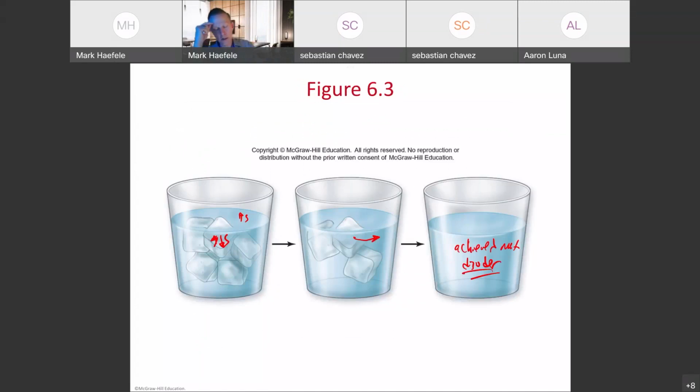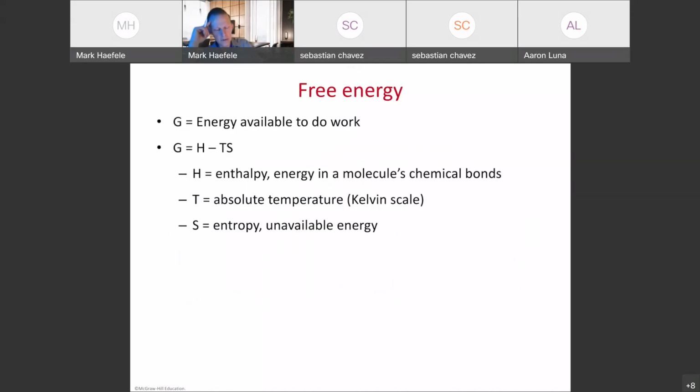And notice that's exactly where the universe wants to go. The universe doesn't want to freeze, it wants to ultimately melt, essentially. So it wants to go to its lowest energy state, especially with ice, right? Because maintaining that really rigid structure is energetically expensive. That's a high energy state for the universe to deal with.